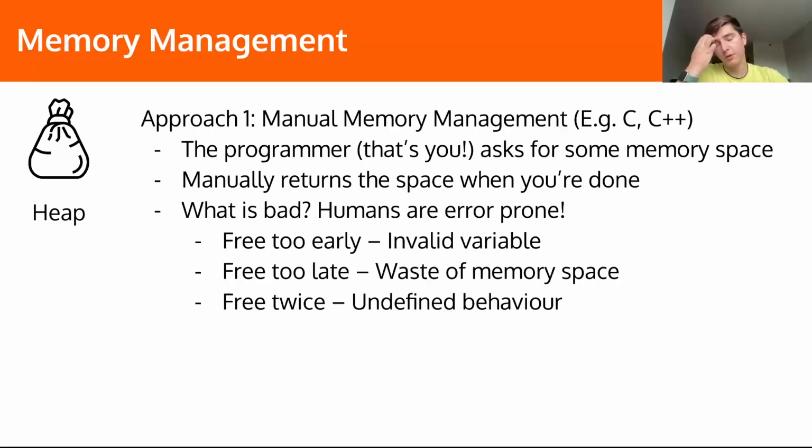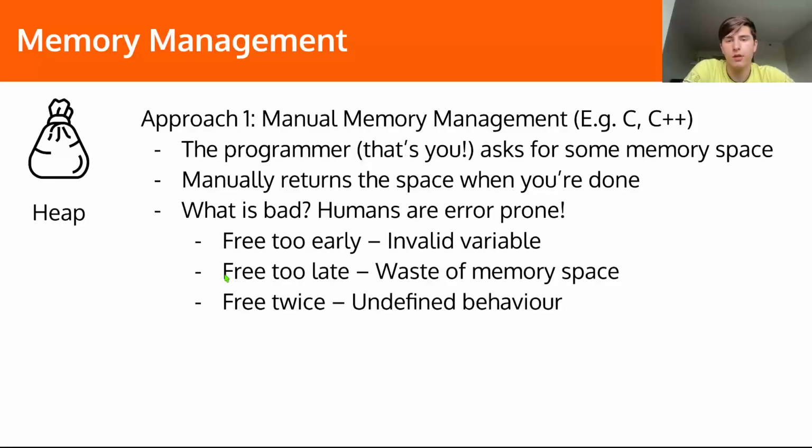So, approach 1 to memory management is to do it all yourself, like in C or C++. You have to take care of where it's allocated and where it's freed. But this can come with lots of problems. Like for example, if you free it before you use it again, then it's called a use after free bug, and the variable is no longer valid and can cause security concerns.